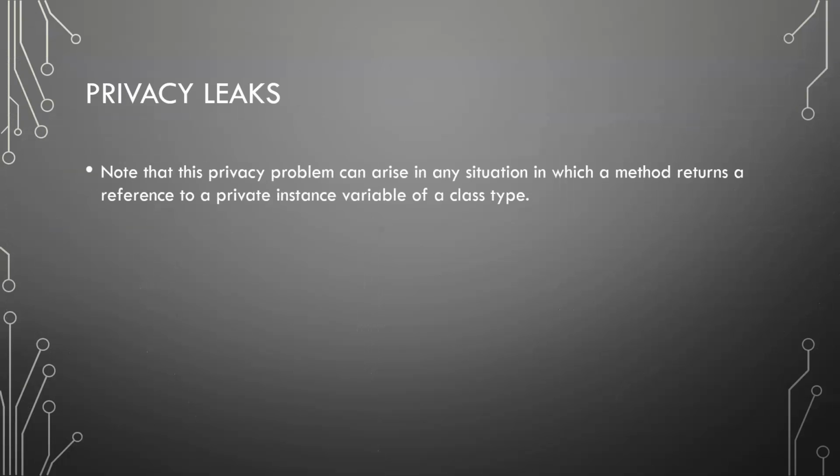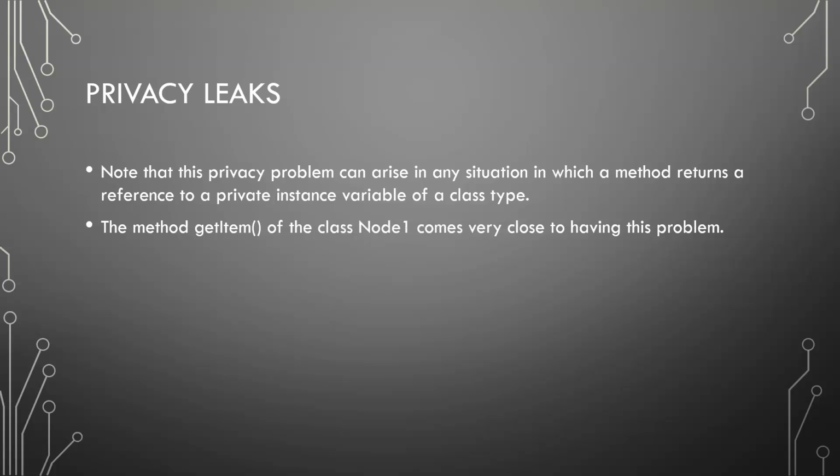You'll note that this privacy problem can arise in pretty much any situation in which a method returns a reference to a private instance variable of a class type. That's the drawback of doing this. The method getItem of the class Node1 comes very close to having this problem. If we're using it just how we're implementing it in the notes, you're good. But if we start doing it in other ways, we could run into some issues.